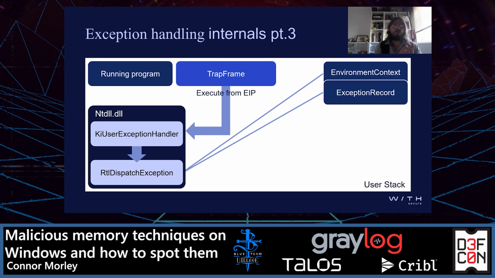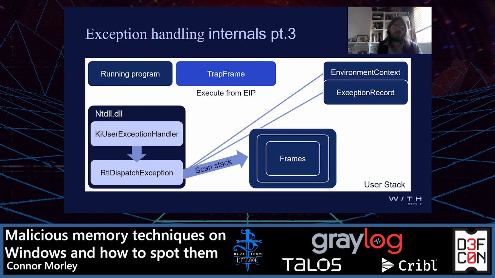provided from the kernel by translating the information from the CPU to know what frame the exception has occurred from within which process. And from that, it then scans the lowest frame, again provided by the environment context, and starts to check the frames outwards. And effectively what this means is if the first frame adequately handles the exception that's been specified, it doesn't need to go any further.